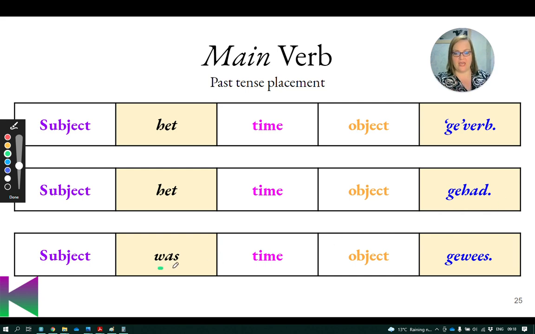And then if you have ek is 'n dokter, then you have ek was 'n dokter gewees. All of them have a ge verb, and this is the main verb rules.